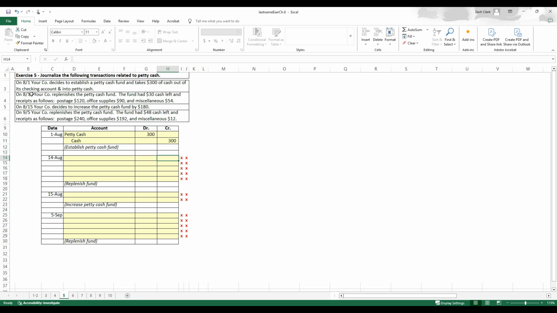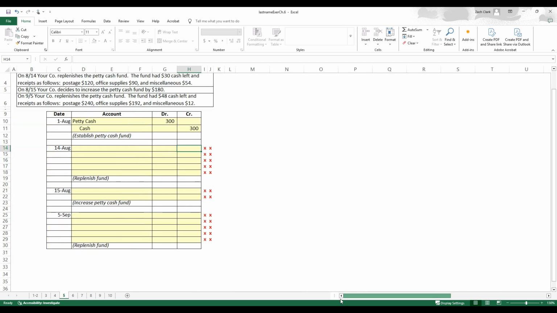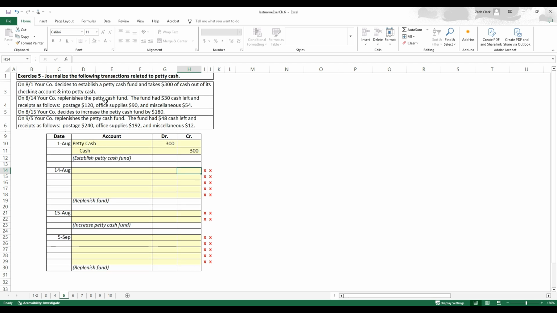Okay, so then we go look on the 14th and we show, sorry, zooming in. We have $30 left and there are receipts as follows: postage, office supplies, and miscellaneous. So we need to replenish our petty cash fund. And so we are going to take it back up to 300 essentially.